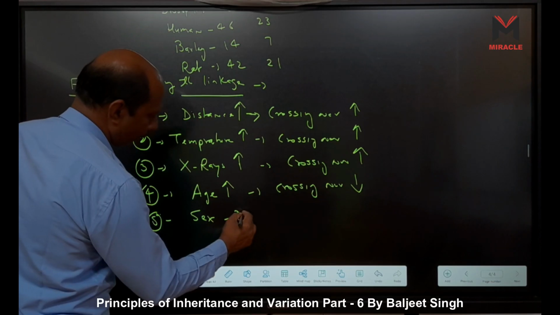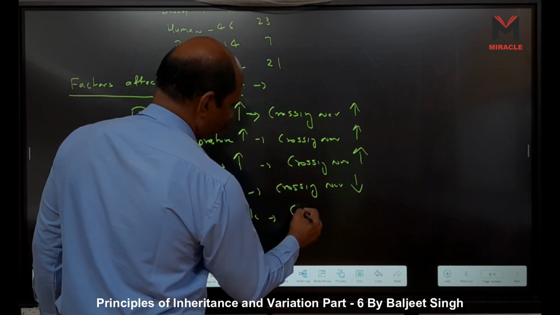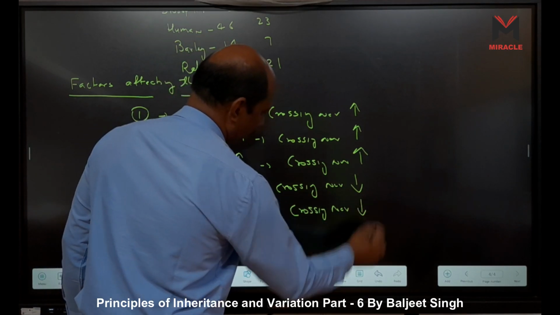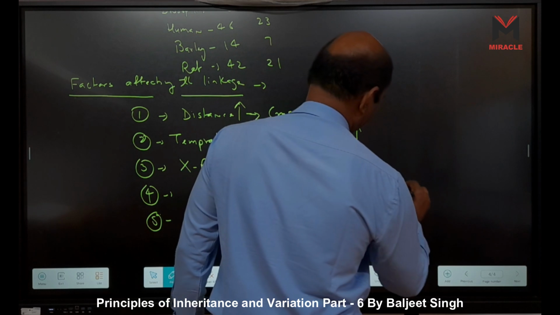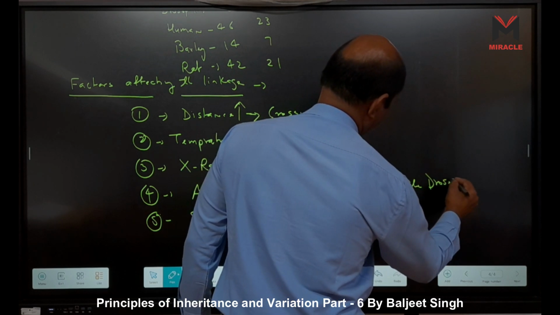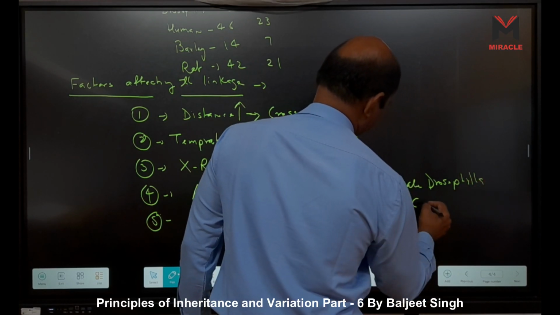In case of male, crossing over possibilities decrease. For example, in male Drosophila, crossing over is absent.